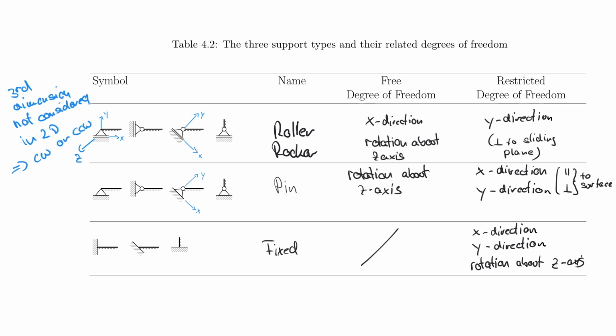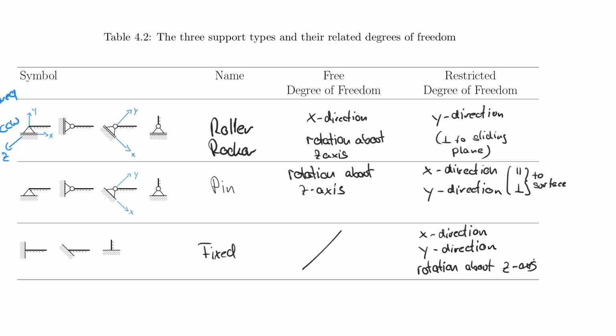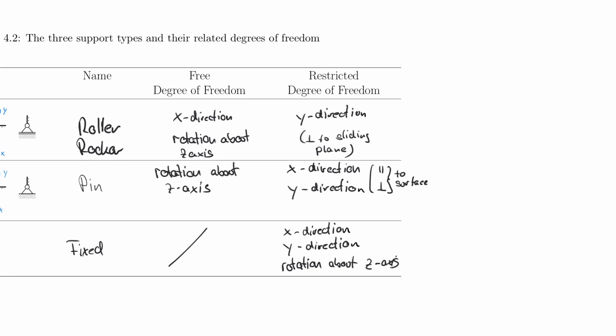So let me just finish with the restricted degree of freedom is usually what we try to find. That is what we usually are after as engineers. And so let's maybe write that here on the very side. So the restricted degree of freedom is what we try to solve for.